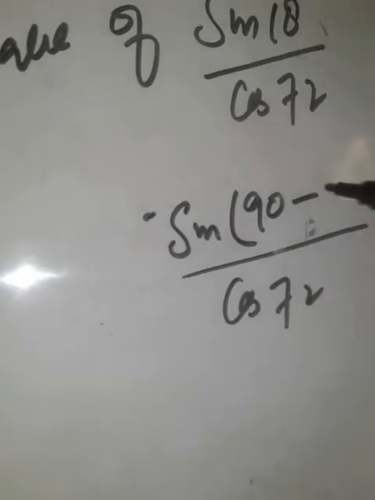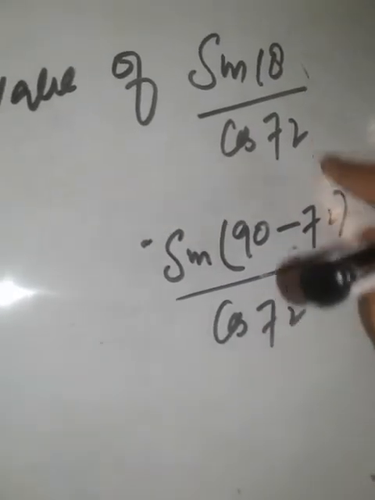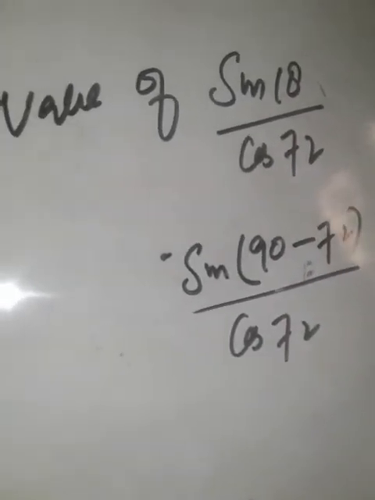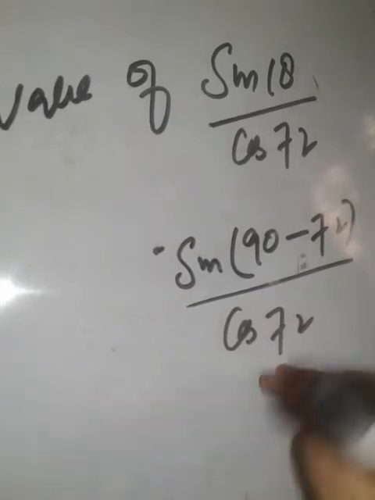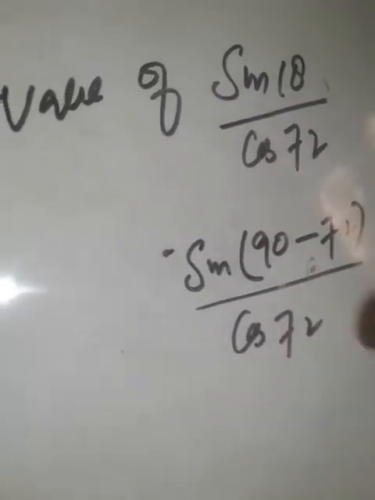This is simply 72. Just subtract it: 90 minus 72 is 18. So we keep cos 72 as it is. Here we break it in the difference form.